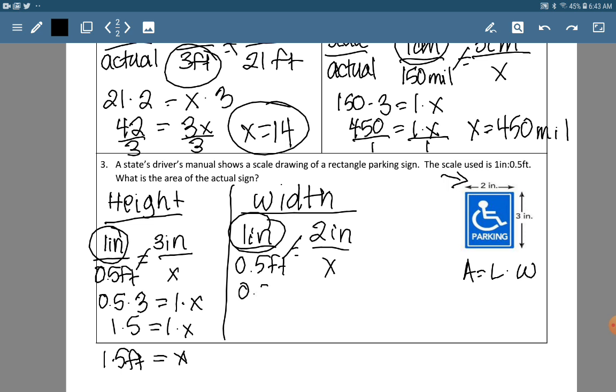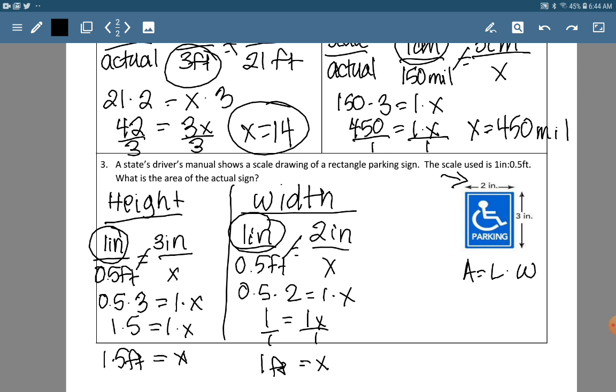So I'm going to do 0.5 times 2 divided by 1. 0.5 times 2 is actually 1. And then 1 divided by 1 is just 1. So I know that my width is 1 foot.